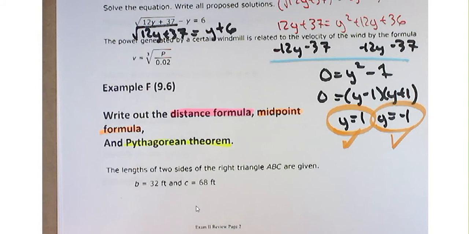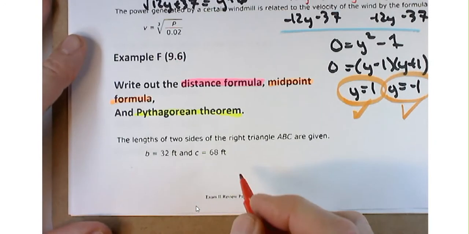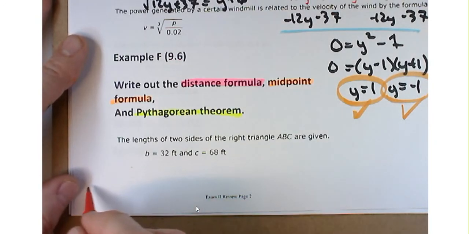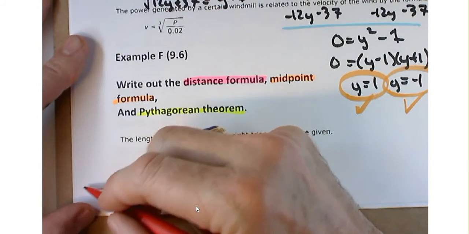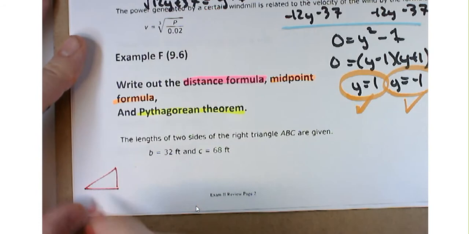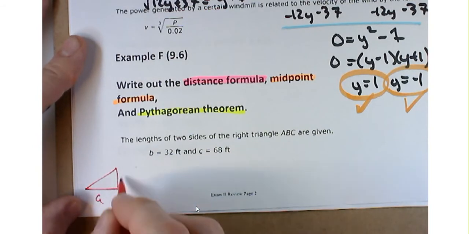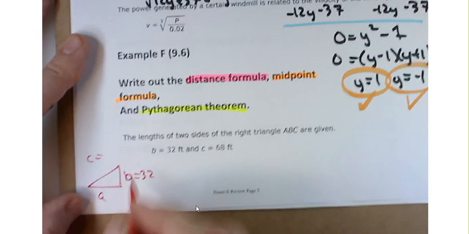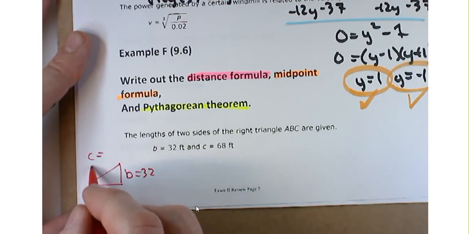So let's take a look at it. So let's see here. You don't have to draw your right triangle, although I will. It's going to be kind of something probably like this. You've got A, B equals 32, and C. C is always going to be our hypotenuse.